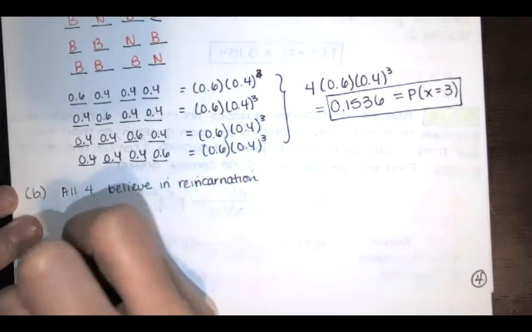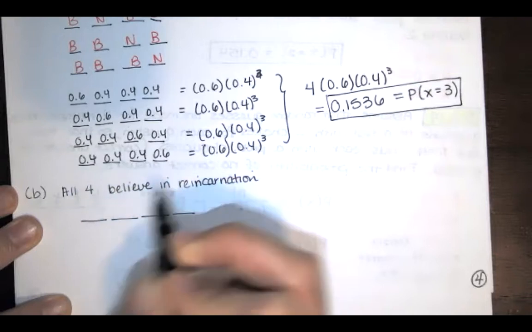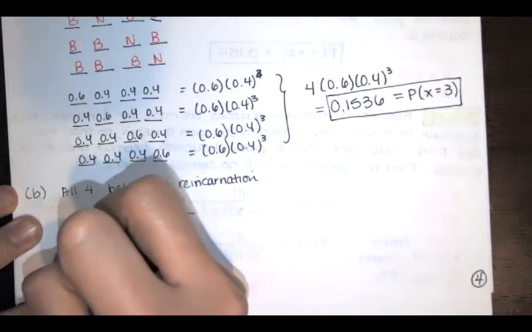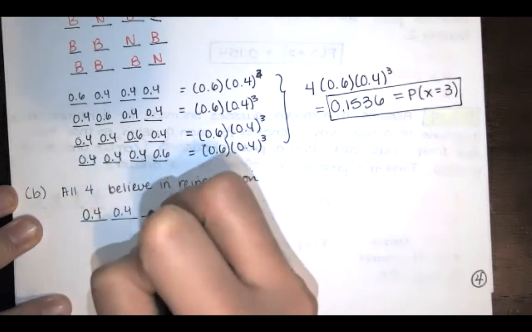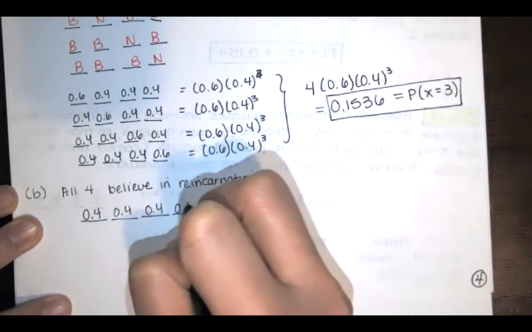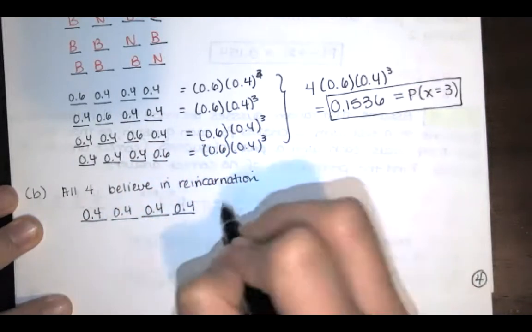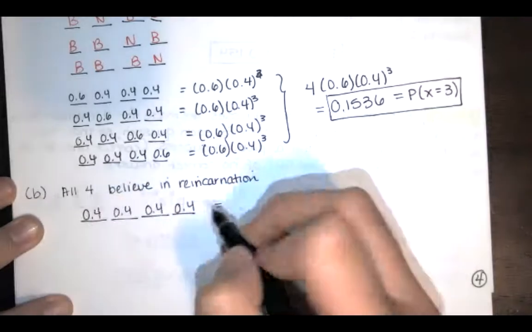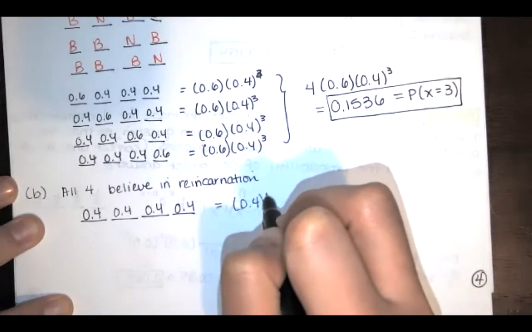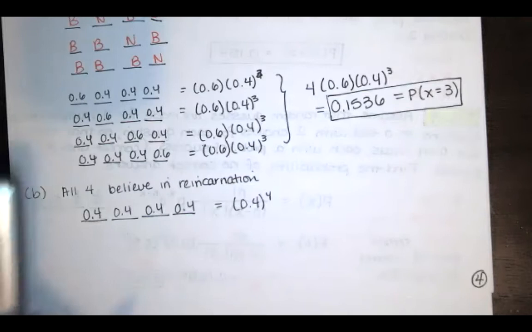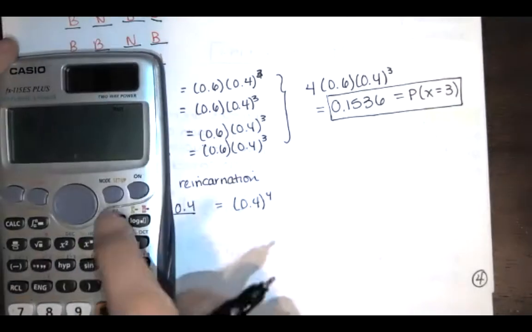Well, there's only actually one way for that to happen. That's if the first one believes in reincarnation, that's a 40% chance. And the next one, and the next one, and the next one. So according to the multiplication rule, we take those probabilities and we multiply them together, and we get 0.4 to the 4th, which is this.